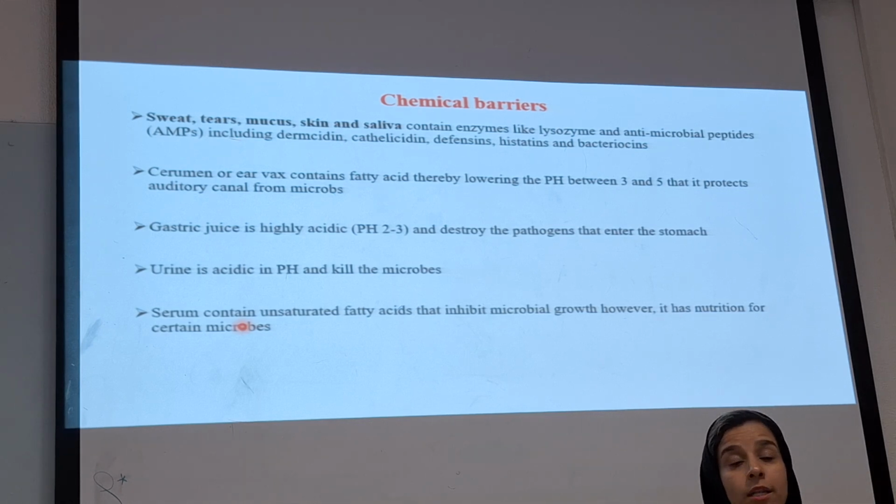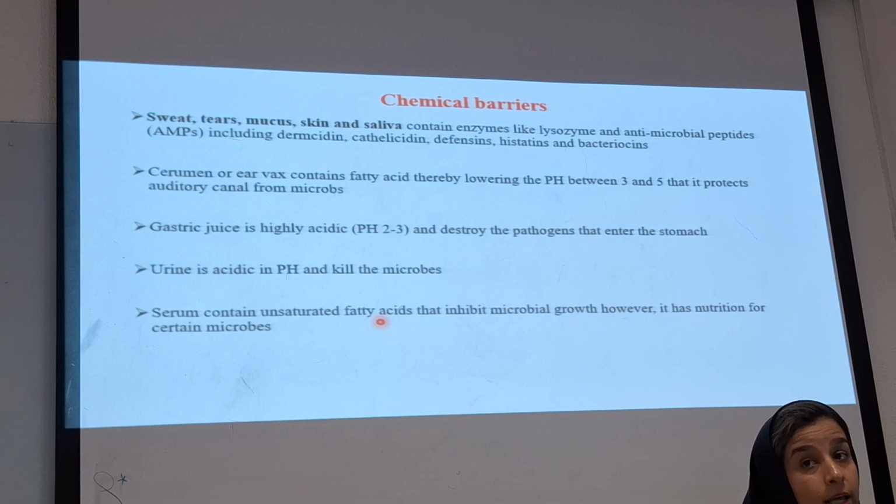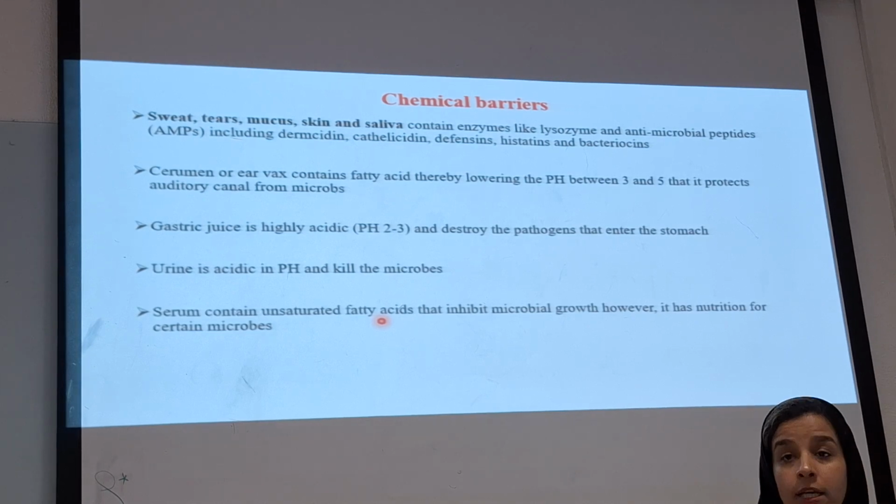But normally in our serum there are unsaturated fatty acids, and these unsaturated fatty acids are able to inhibit the growth of microbes in our serum.